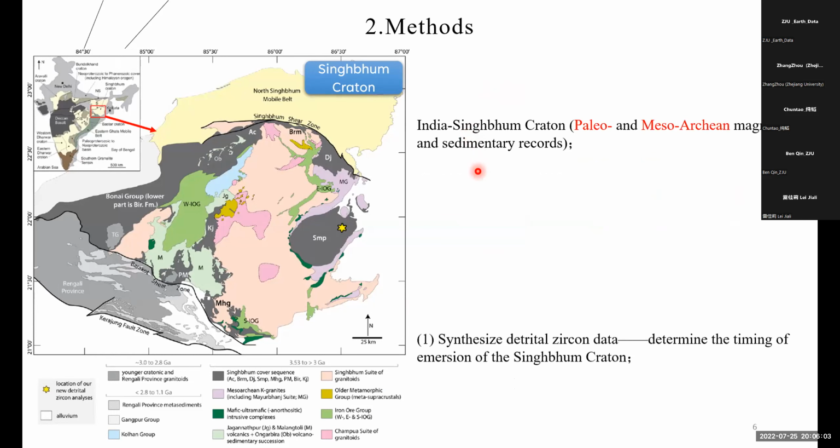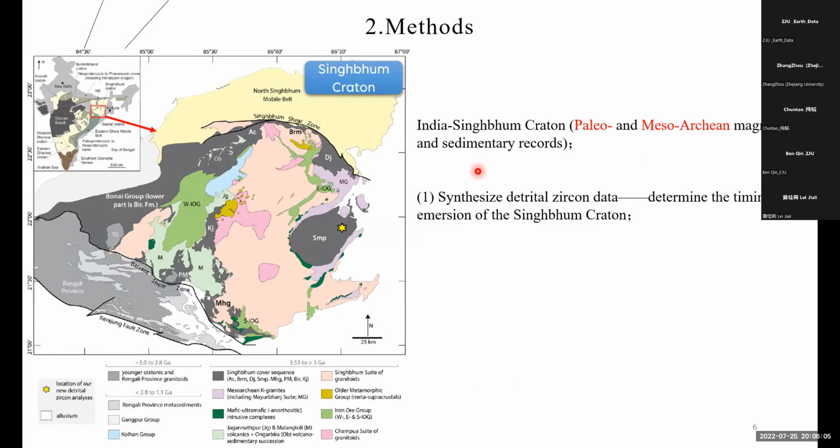So in this paper, firstly, they synthesized the detrital zircon data to determine the timing of emergence of the Singbhum craton, and this part is from the geological observations of the sedimentary rocks.